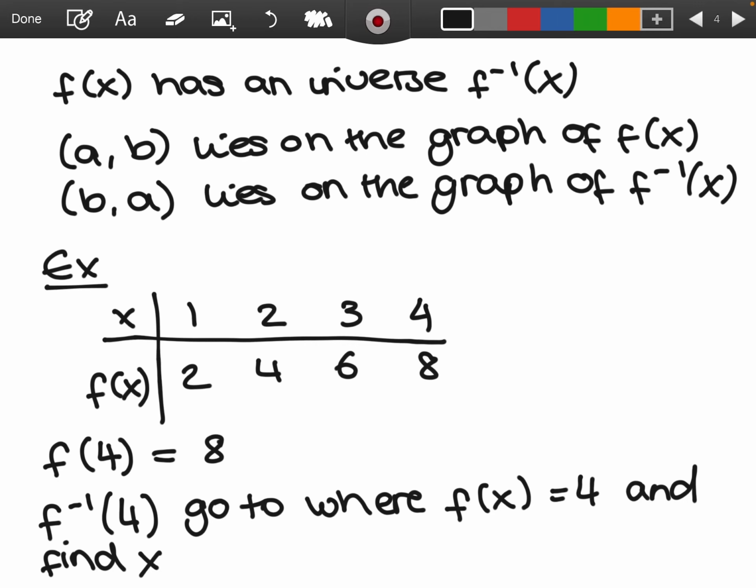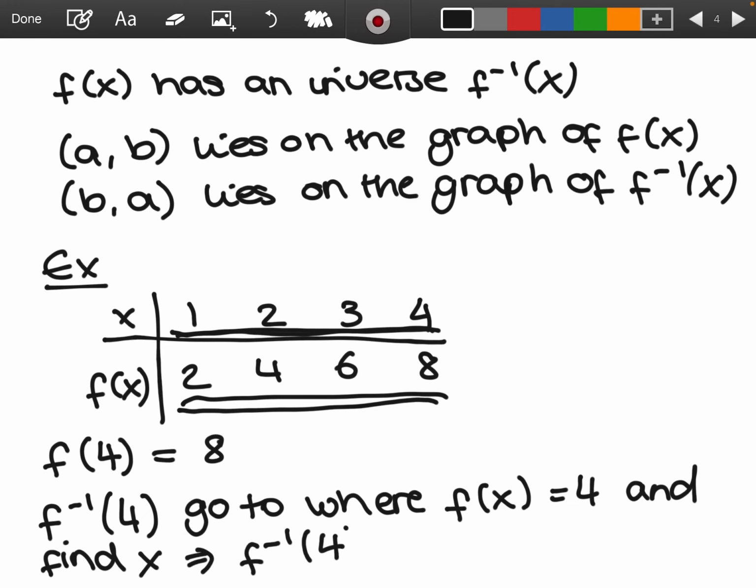Because all I have done, I'm effectively switching my domain and range. So if these x values are in my domain of f of x, then these values are in my range of f of x. But by switching the x's and the y's round, that means that these function values now become my domain of f inverse, and these x values are now in my range of f inverse.